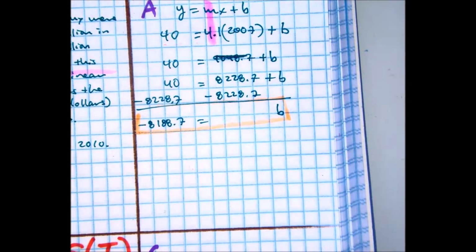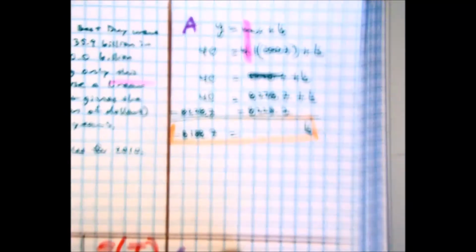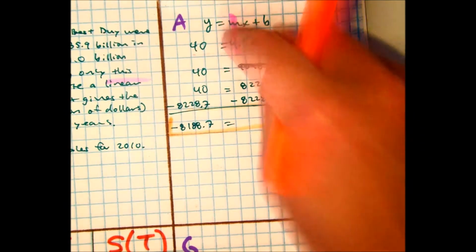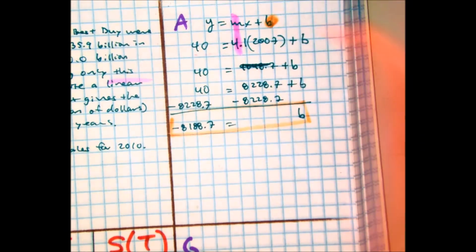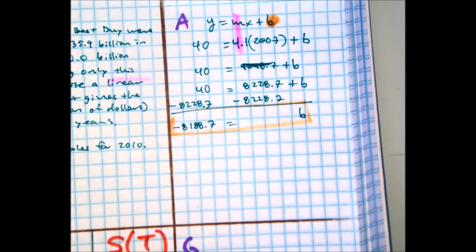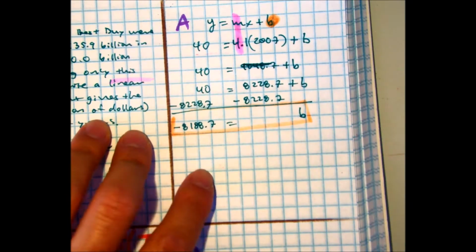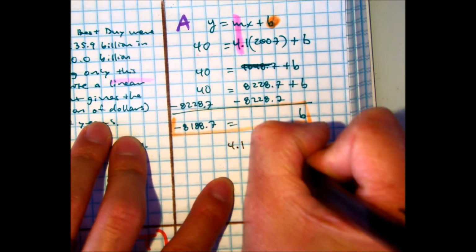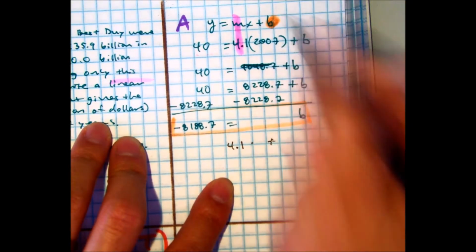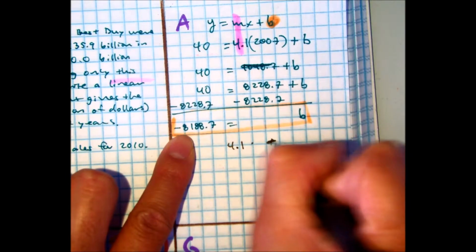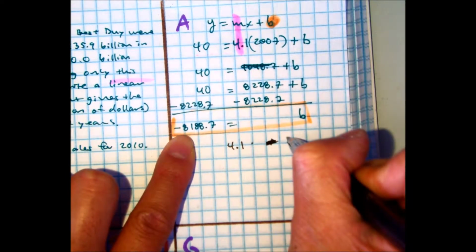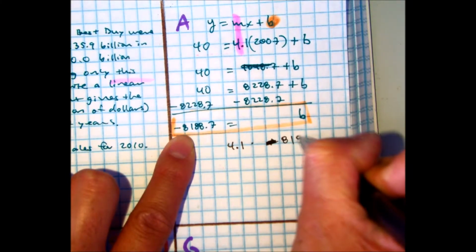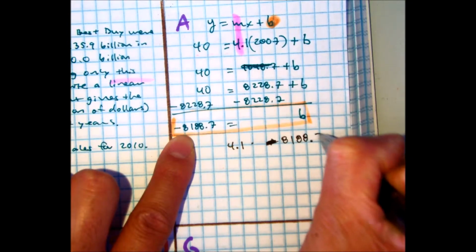So let's see what we have here so far. I have the m value. I have the b value now. Now I can make an equation. So I have 4.1, my b value is, watch my sign, minus 8,188.7.